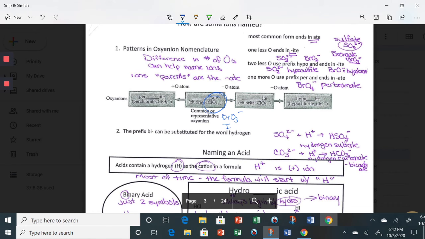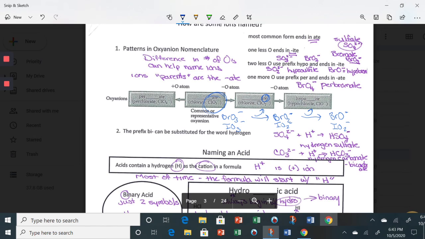If I lose an O, this becomes bromite, iodite, ITE. If I lose another one, I go hypo, meaning going too low, so I'd be hypobromate, hypoiodate. Okay, following that pattern.